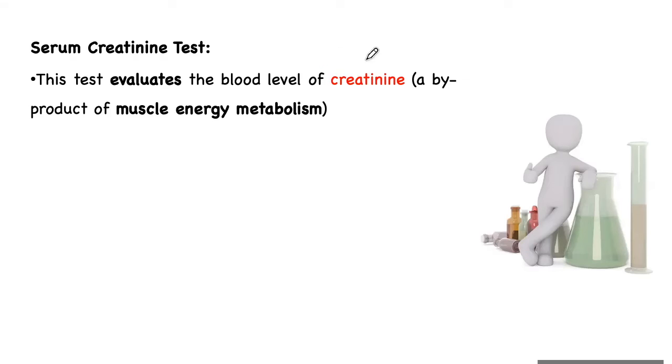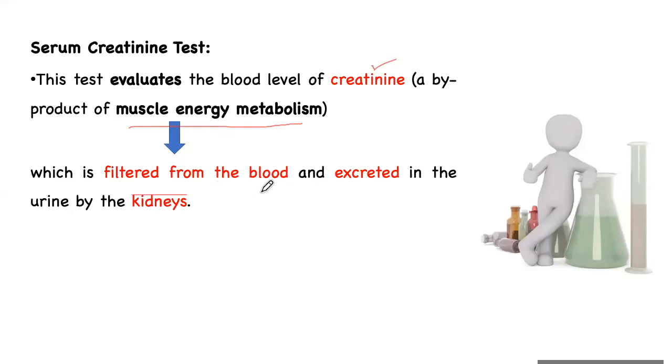So this test evaluates the blood level of creatinine, and creatinine is a byproduct of muscle energy metabolism. If you study the metabolism of the muscle, you might have seen that creatinine is produced as a byproduct of muscle energy metabolism, and it is filtered from the blood, and it is excreted in the urine by the kidney. Now, always remember, creatinine is excreted as such by the kidney.